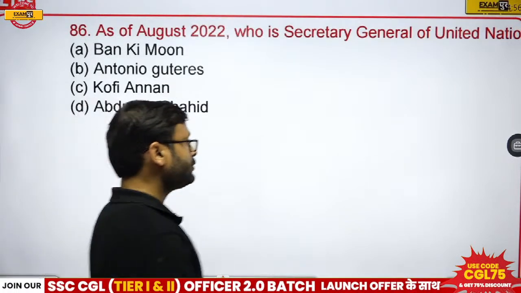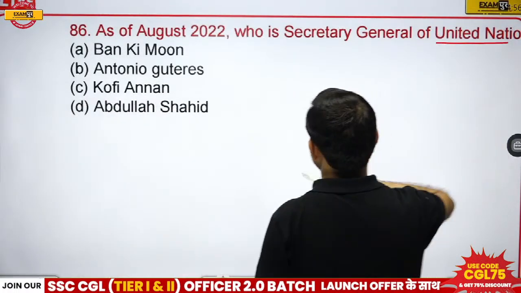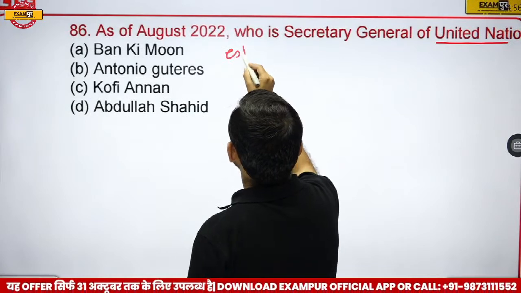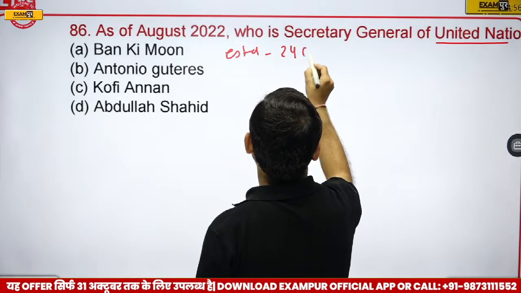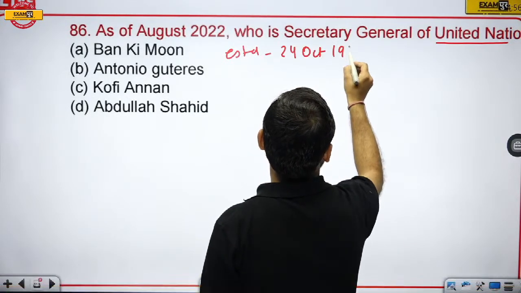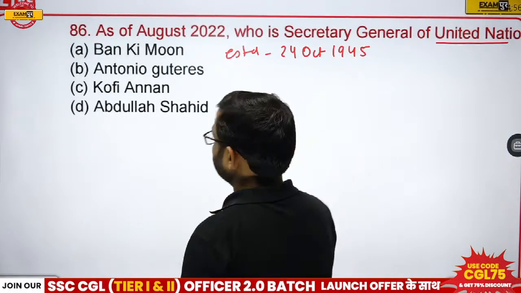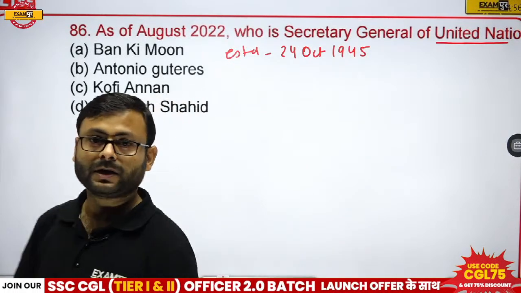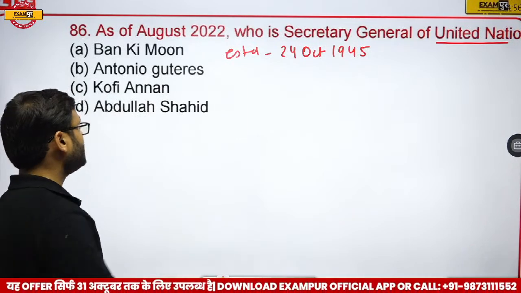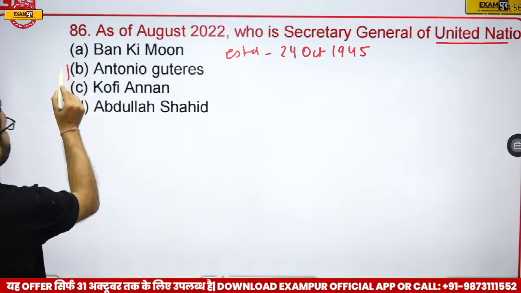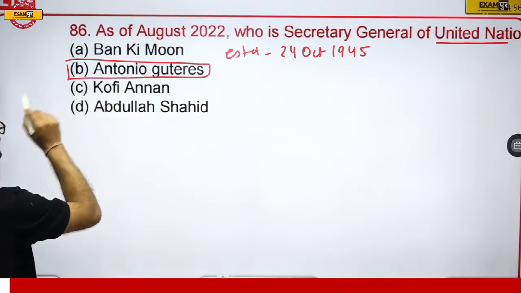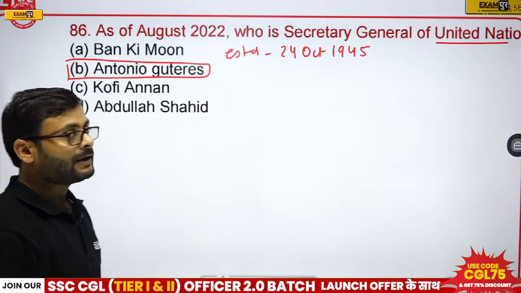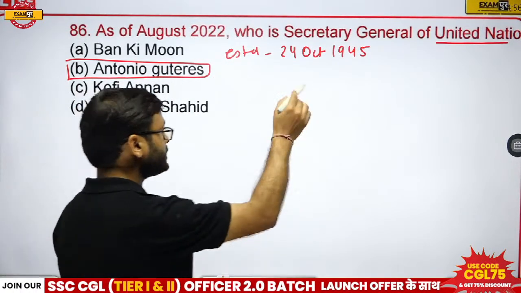The United Nations was established on 24th October 1945, and Antonio Guterres is the Secretary General of the United Nations.